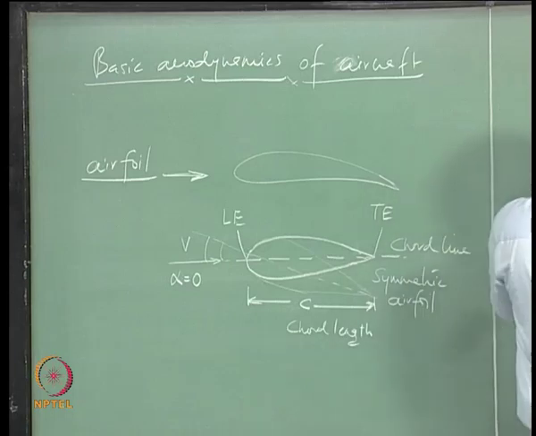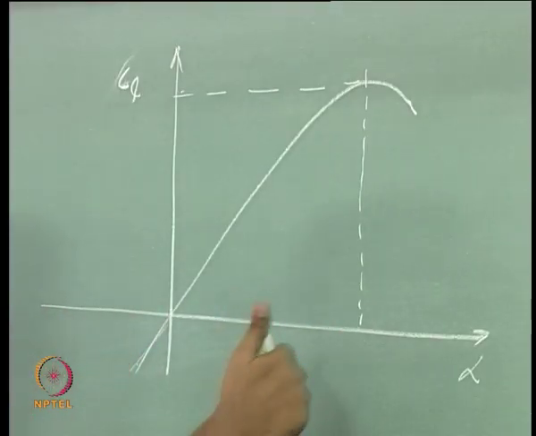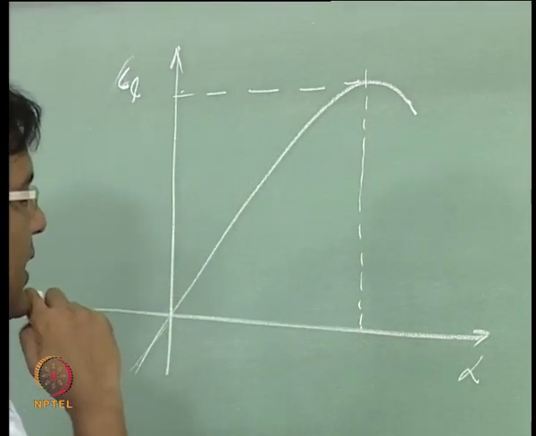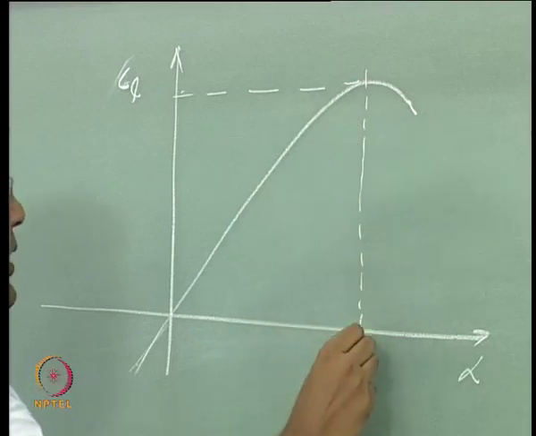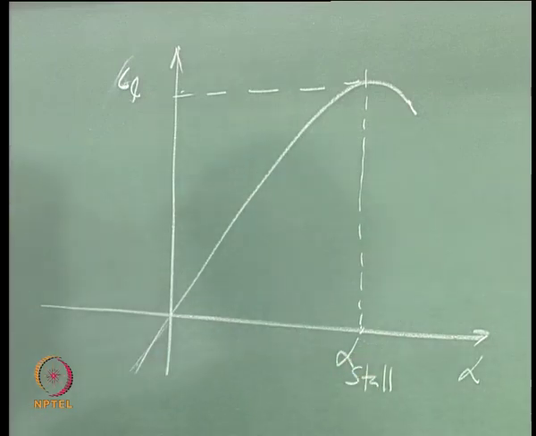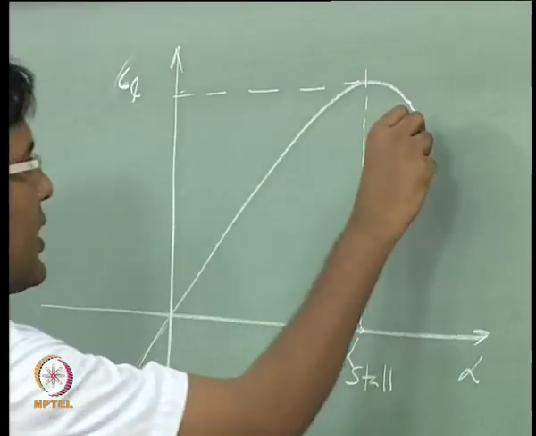So, there is a range of alpha within which you can keep getting an increase in lift because of the relative wind coming onto the airfoil. Beyond this alpha, which is called alpha stall, flow separates over this airfoil and there is a drop in lift.